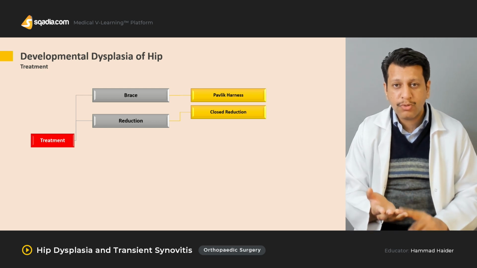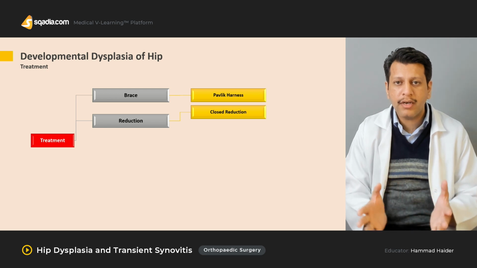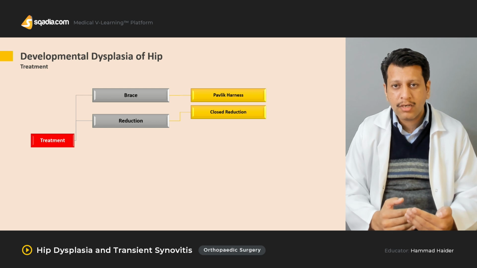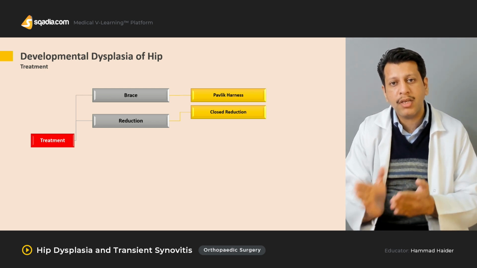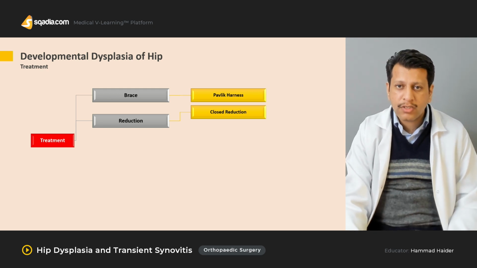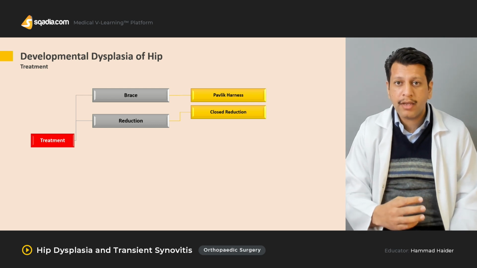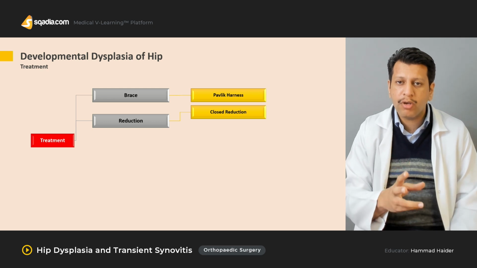And once you have reduced it by a closed reduction maneuver, the head is contained inside the acetabulum. If it is not in the acetabulum, if it's still subluxated or dislocated, then you will have to shift to the next form of treatment, that is open reduction internal fixation, in which you open the joint up, reduce the head back in, and deal with all those factors which are hampering the head going back in.